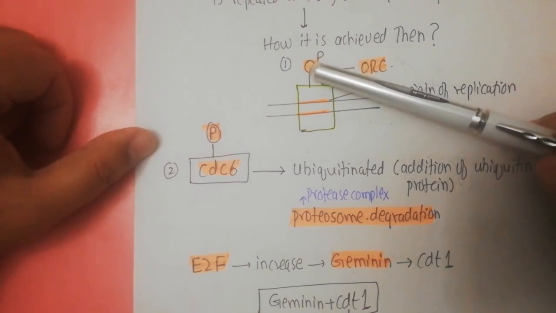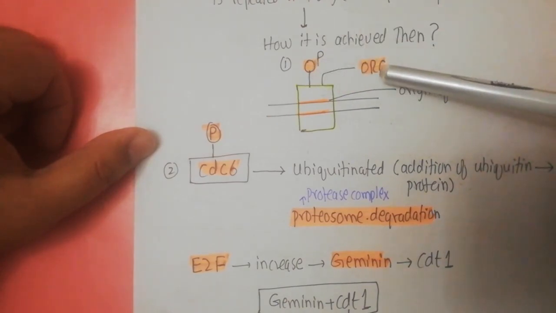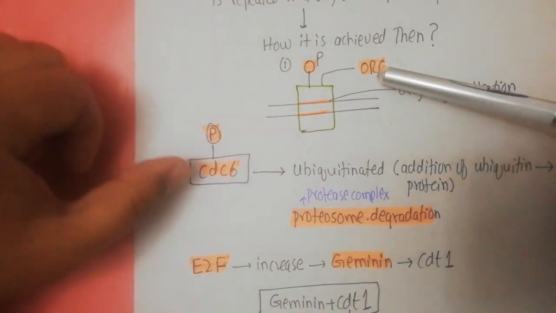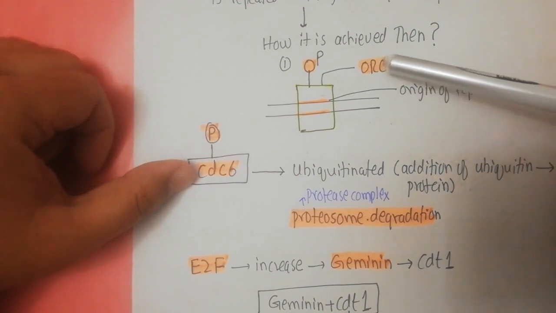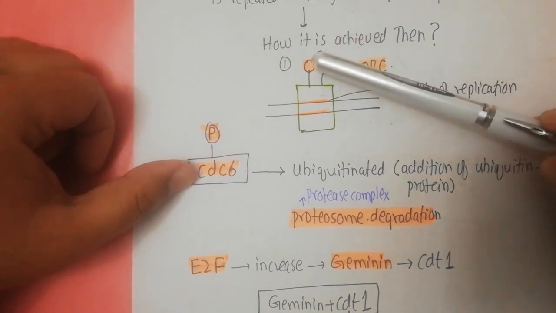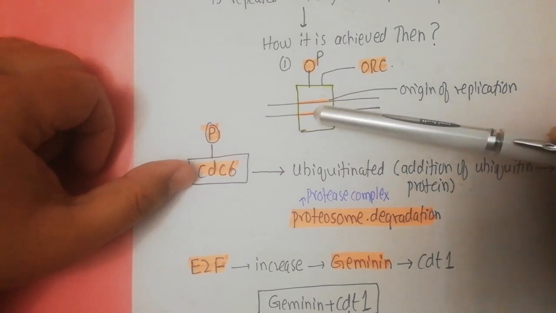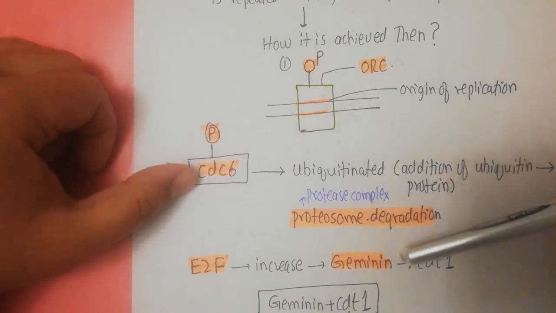Once you have added the phosphate groups to the origin recognition complex, the CDC6 protein is not able to bind to it in its phosphorylated form. So when the origin recognition complex is phosphorylated, its structure is not compatible with that of CDC6, and CDC6 is not going to bind.